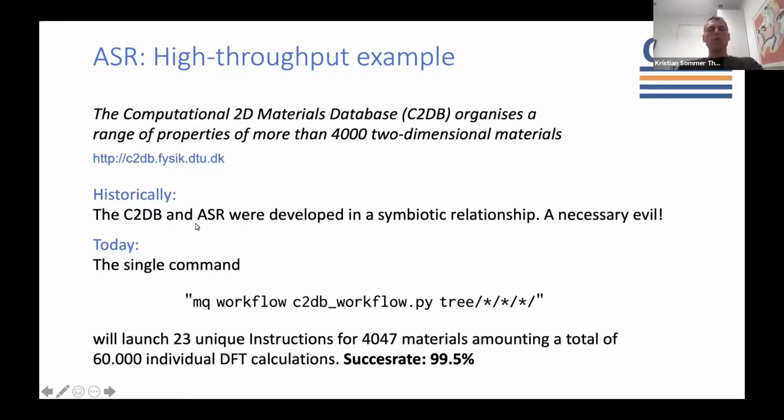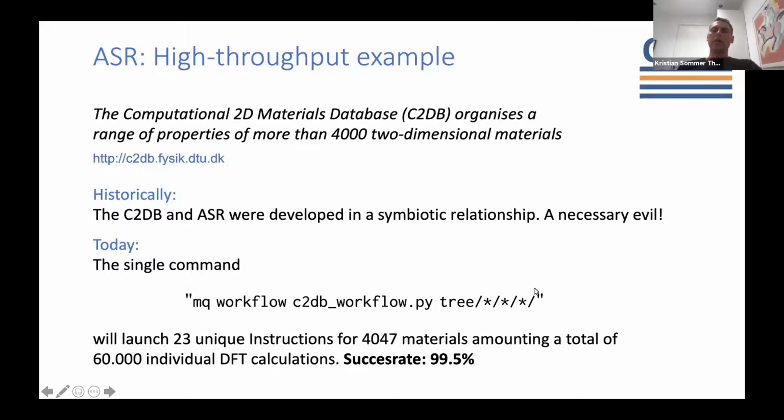So right now, the entire C2DB can be run with a single ASR or MyQueue command. This is actually MyQueue. It runs a workflow, but what that workflow does is it submits recipes, ASR recipes.